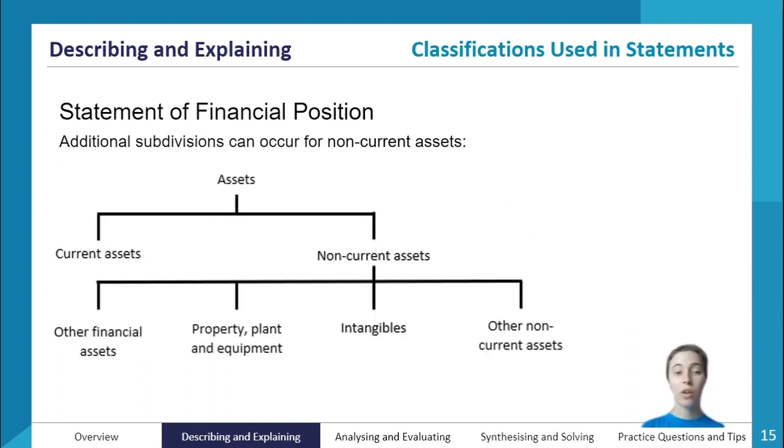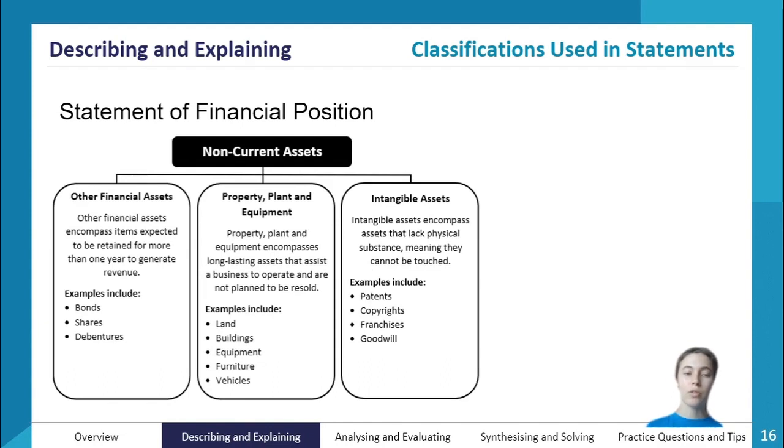You can also have additional subdivisions within non-current assets because there's lots of different types. So other financial assets, property, plant and equipment, intangibles as well. So let's have a look at those three categories. We have other financial assets, which are items expected to be retained for more than 1 year to generate revenue.